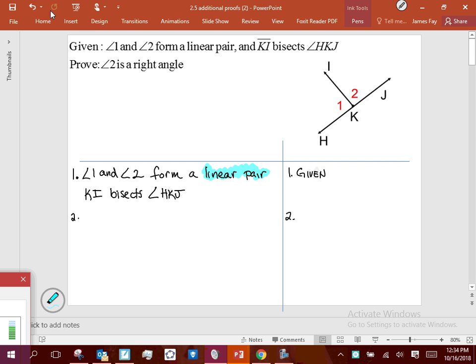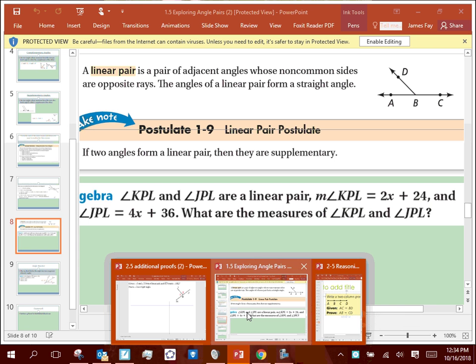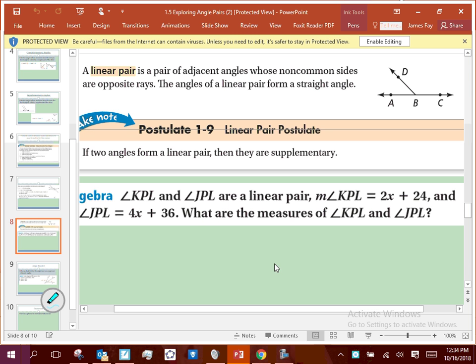Okay, let's think about this. When we use our vocabulary, okay, we would want to know what that definition is, right? If I go find that definition, all right, and remember, when we're doing these proofs, we're using deductive reasoning, okay, so we're using information from previous facts. So we should have seen this at some point throughout the year so far. So I go back to section 1.5, and this is where we introduce the vocabulary word linear pair.